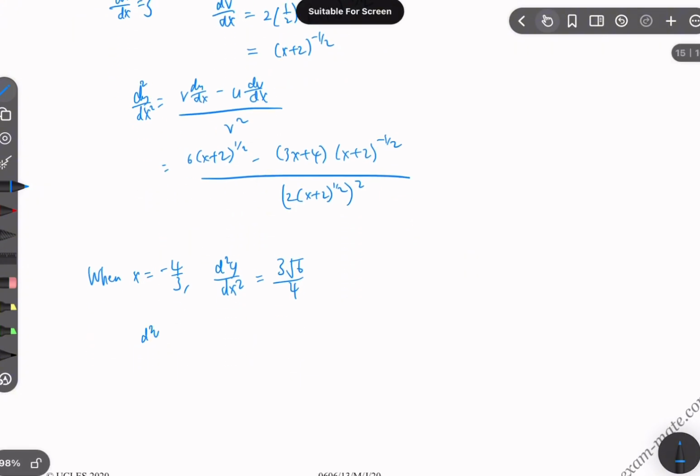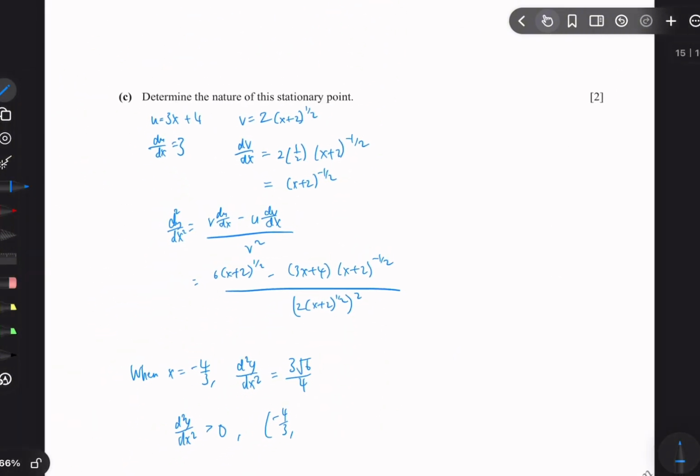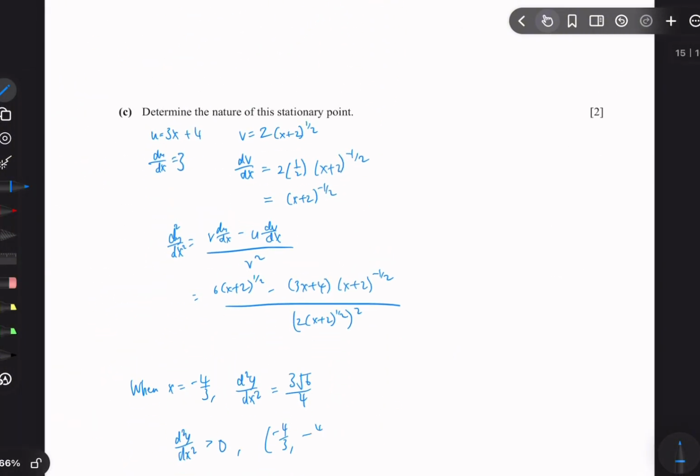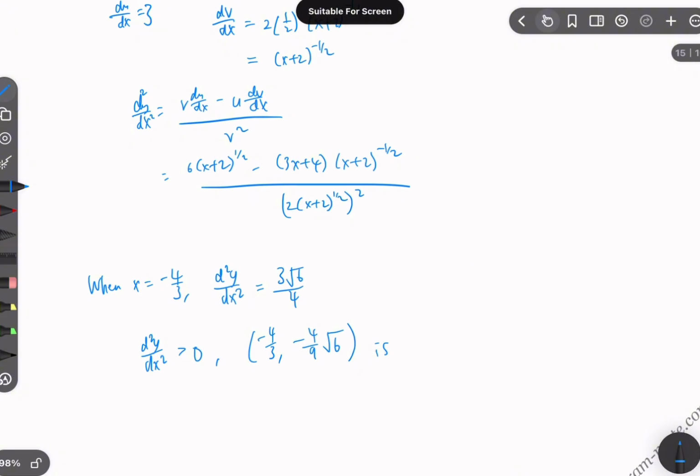Okay, so the second derivative is larger than 0, so this means that the stationary point minus 4 over 3, minus 4 over 9 root 6, is the minimum point.